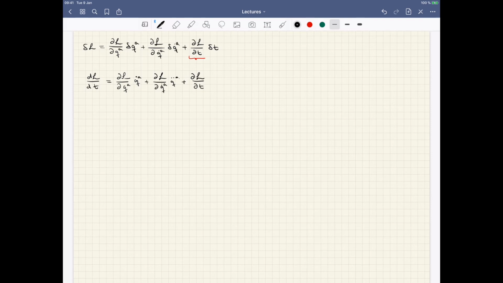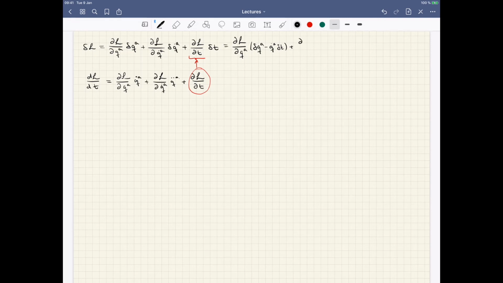So inserting now this expression up here, moving the other two terms to the other side, we obtain over here the following: dL/dq^a times (delta q^a minus q dot^a delta t).